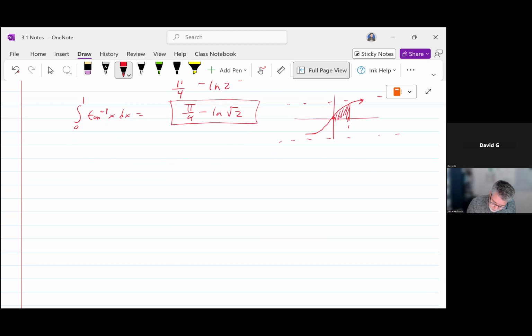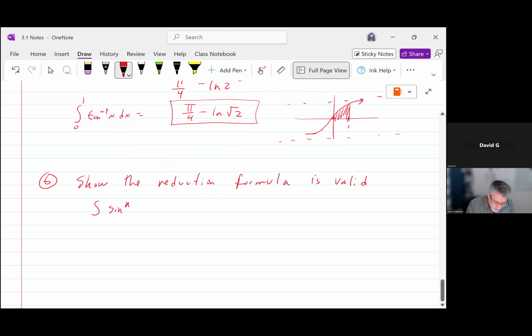Okay, number 6. Show the reduction formula is valid. We're going to find a power reducing formula for sine.